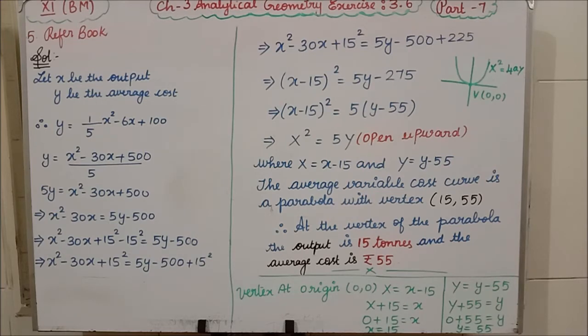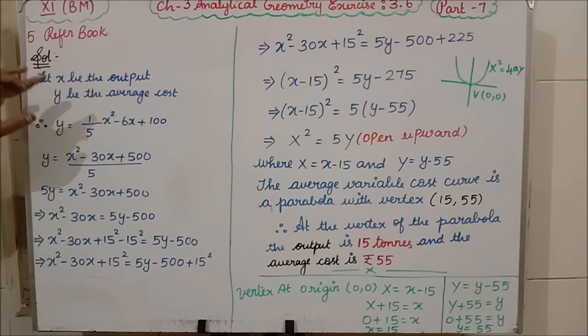Listen to it carefully. The average variable cost of a monthly output of x tons of a firm producing a valuable metal is rupees 1 by 5 x square minus 6x plus 100. They have given this.